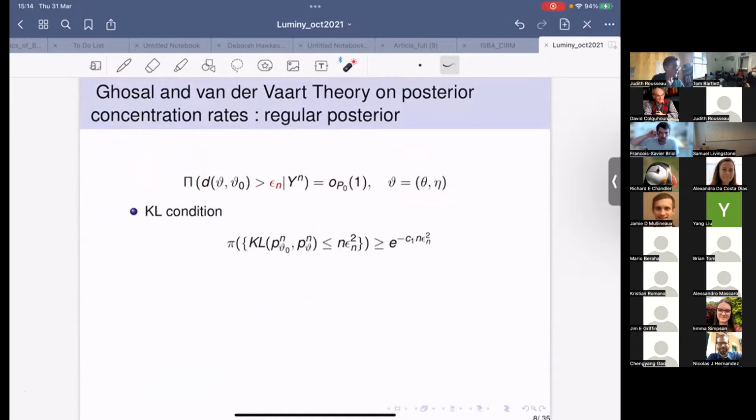Or the posterior probability of the complement, which is written here, so the posterior probability of not being close to theta naught at the rate epsilon n, goes to 0 under p theta naught as n goes to infinity. So what it says is that the posterior distribution shrinks towards the true value. Ultimately you're going to learn the true value, and the rate at which it shrinks is epsilon n.